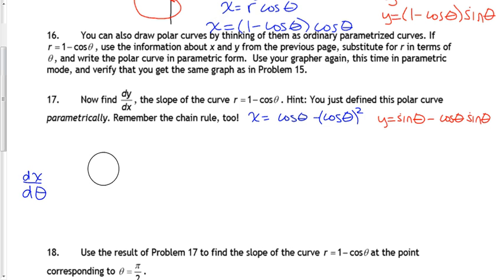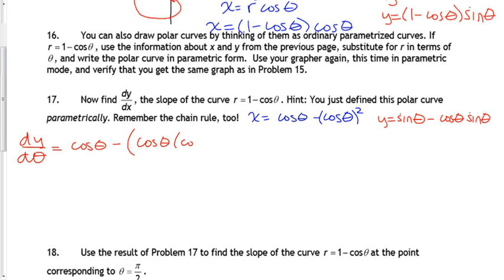We can do this. Okay, so let's go ahead right now and find dy d theta. So dy d theta is going to be cosine theta minus the product rule, again, a bit of a mess. Let's go ahead and simplify a little bit by distributing our negative and making things squared.